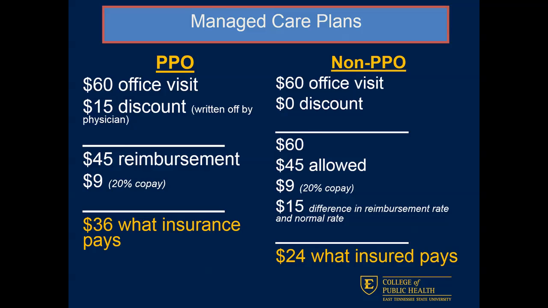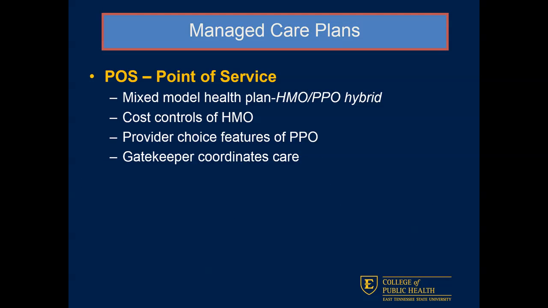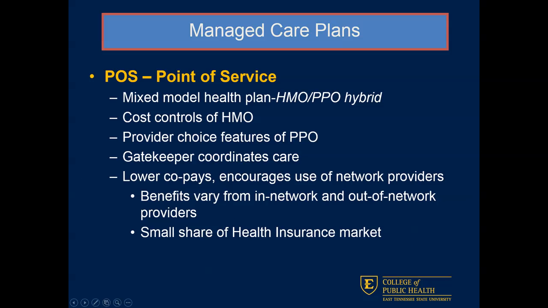So the last type of managed care plan that we're going to talk about is our point of service care plans. And this is going to be more of a hybrid between your HMO and your PPO. So this is more of a type of health insurance plan under managed care that's going to provide different benefits depending on if you as the policyholder or subscriber use your in-network or your out-of-network healthcare providers.